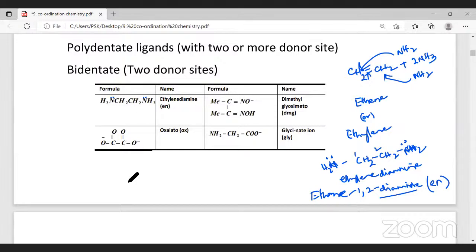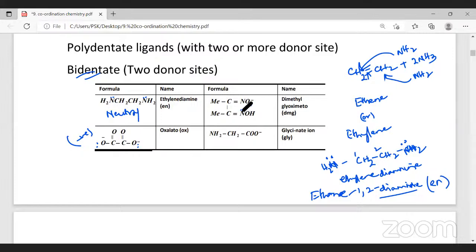Likewise, oxalato is a negatively charged bidentate ligand. Ethylene diamine is a neutral bidentate ligand. Oxalato has two donor atoms; two oxygen atoms can donate two pairs of electrons. Likewise, we have dimethyl glyoxymato, a negatively charged ligand, which also has two donor atoms.